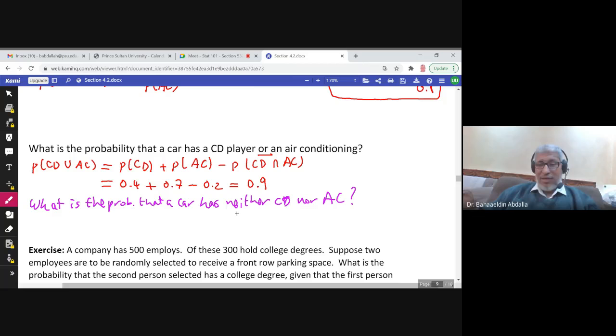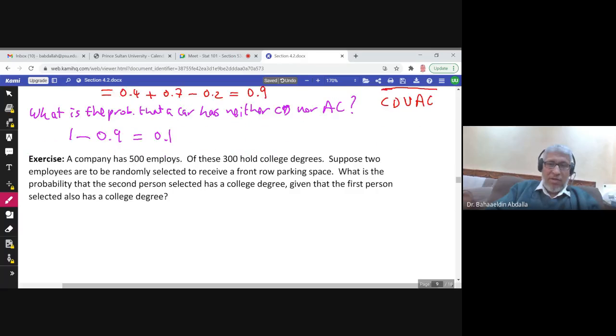Neither nor, this means 1 minus 0.9, which is 0.1. In fact, neither nor means CD union AC complement. It's the complement. It's not having CD, also not having AC. So this probability is 0.1.